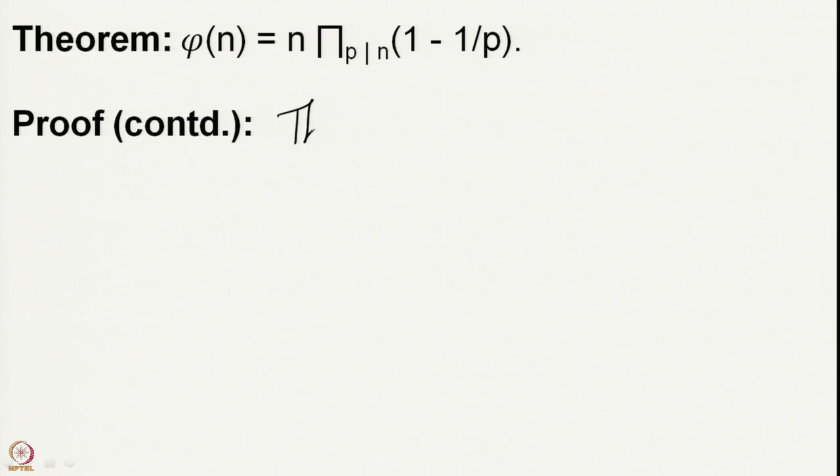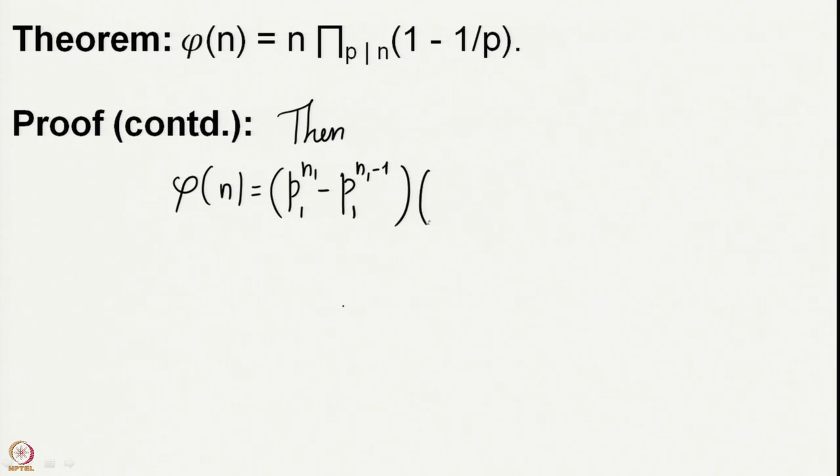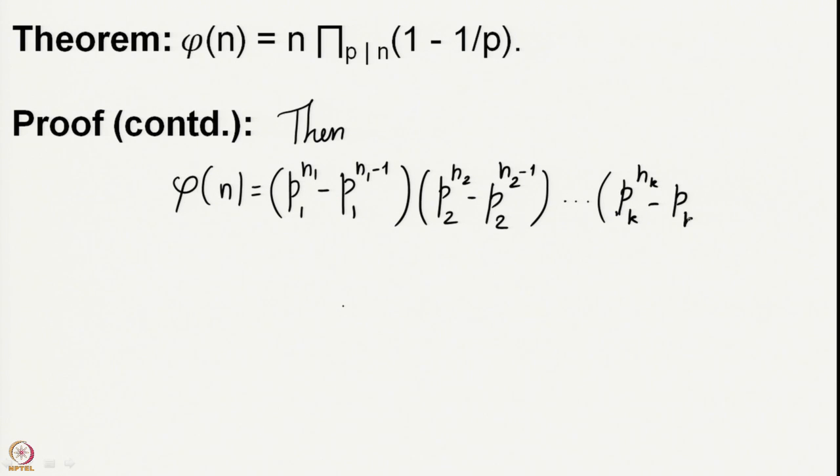So, then phi n is p1 power n1 minus p1 power n1 minus 1, p2 power n2 minus p2 power n2 minus 1, dot dot dot up to pk power nk minus pk power nk minus 1.